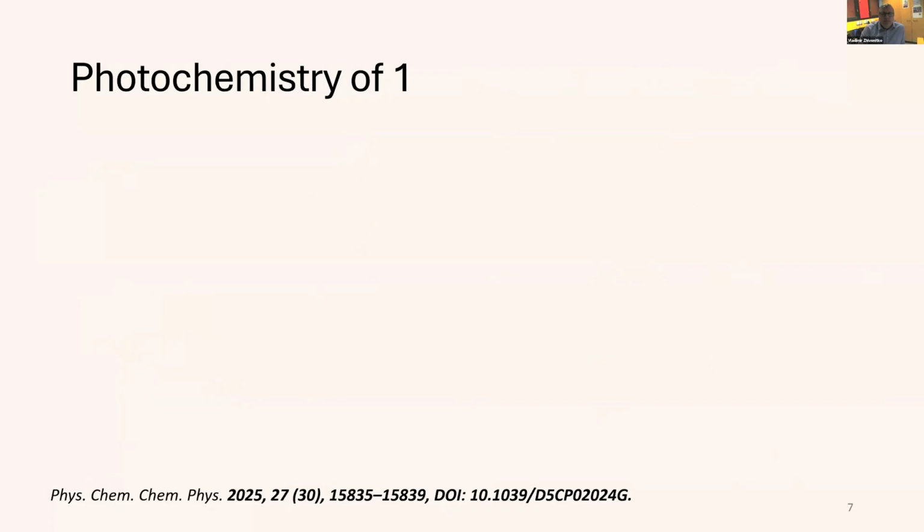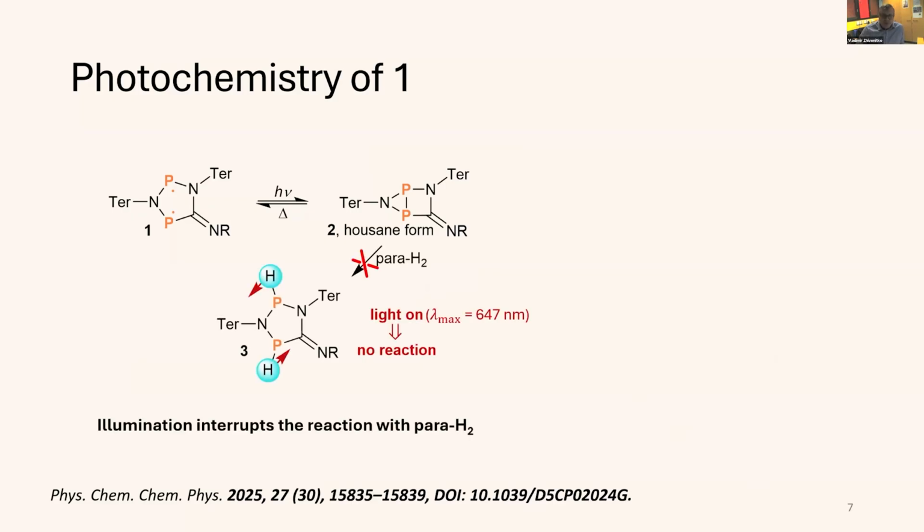More importantly, this biradicaloid can be switched to inactive Hückel form by visible red light. As we showed in our communication, illumination using red light interrupts the reaction with parahydrogen through that photo switching from 1 to 2.